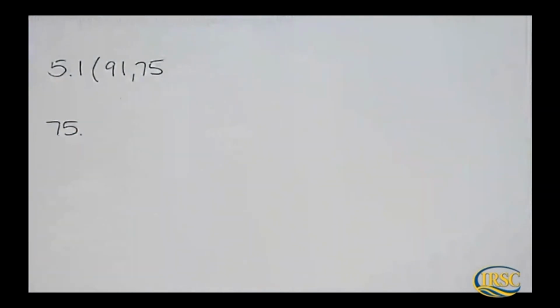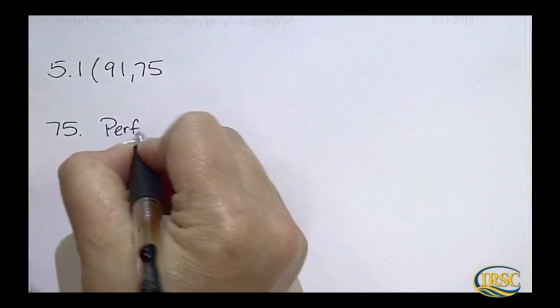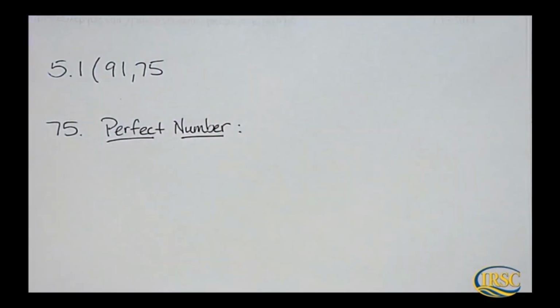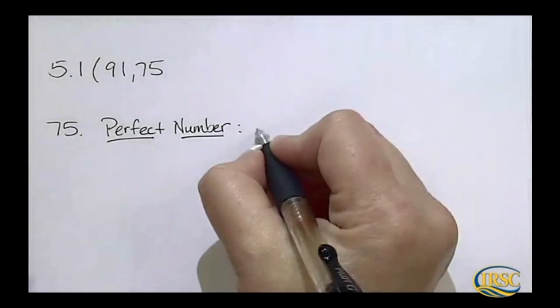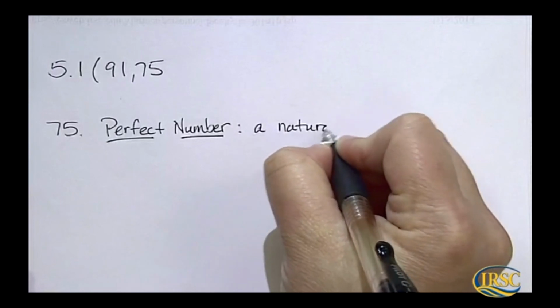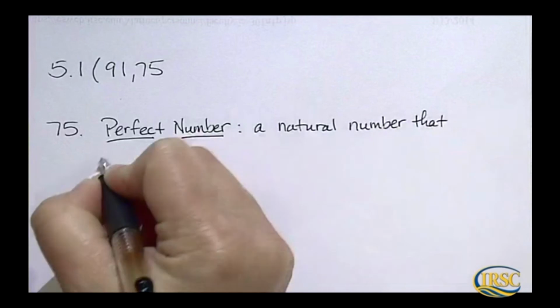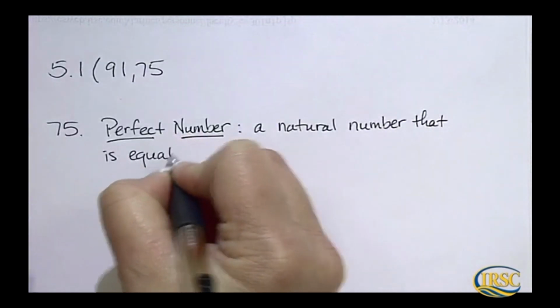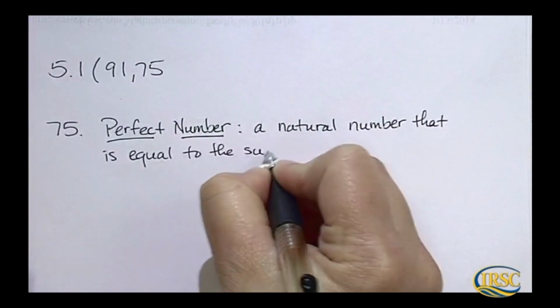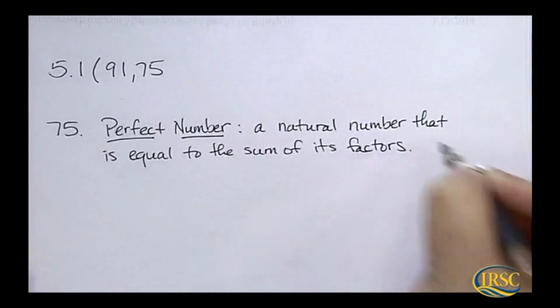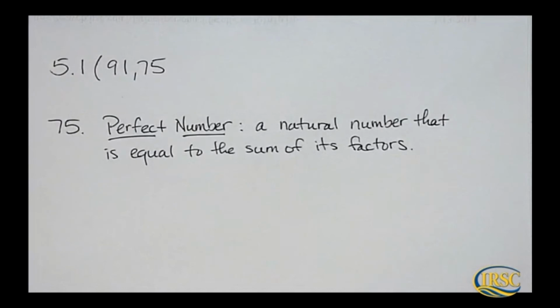So for number 75, you have to read the definition that's given for a perfect number. It's a natural number that is equal to the sum of its factors, excluding the number itself.